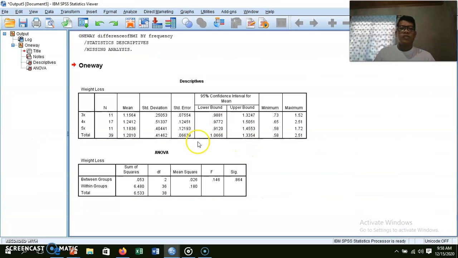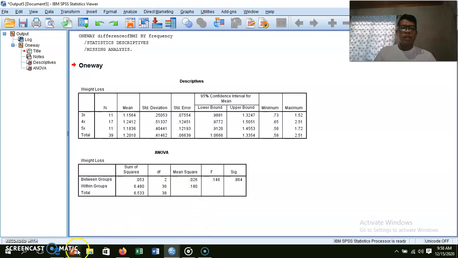This is the result of our data. You notice that the significance value, or the p-value, is greater than 0.05. Therefore, we are not going to use the post hoc test since there are no significant differences.